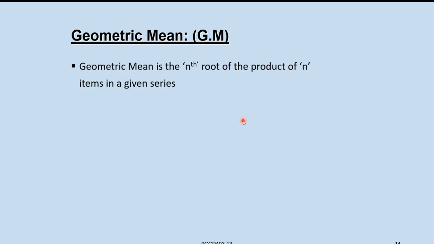Now, we will see what is geometric mean. A geometric mean is the nth root of the product. Nth root means raised to the power 1 by n.